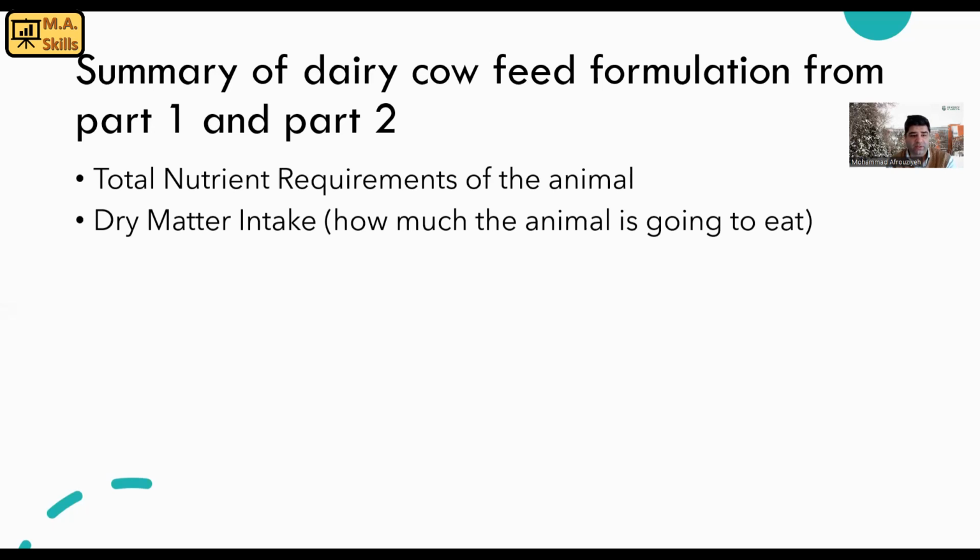So if you are using more recent nutrient requirement tables, for example, from NRC 2021, in that case, you can just extract the number for dry matter intake from the nutrient requirements tables, and you don't really need to calculate it.